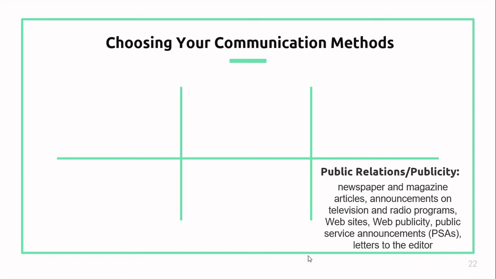So public relations and publicity includes newspaper and magazine articles, announcements on television and radio programs, your library websites, your library FB page, public service announcements, and letters to the editors.